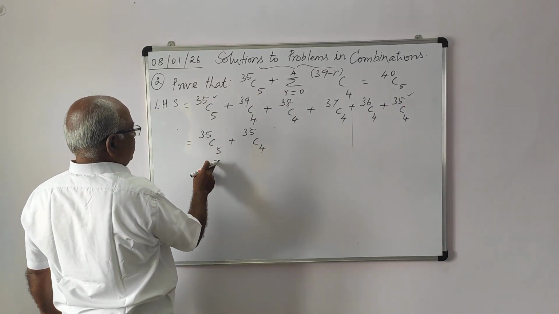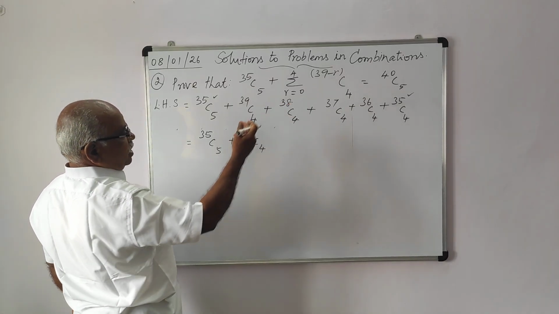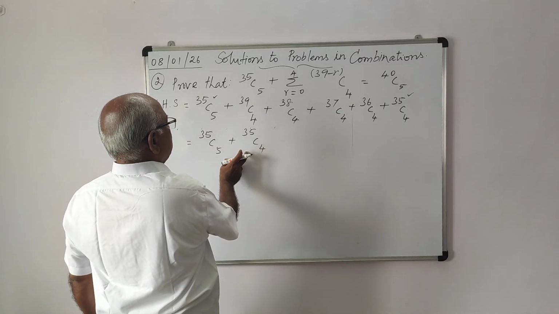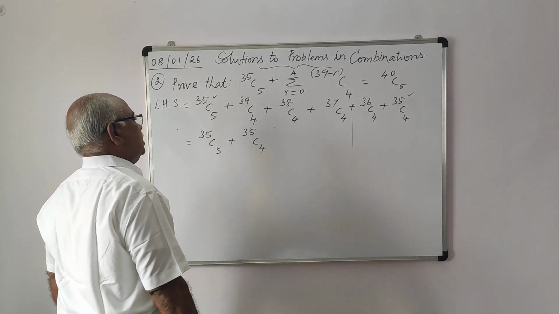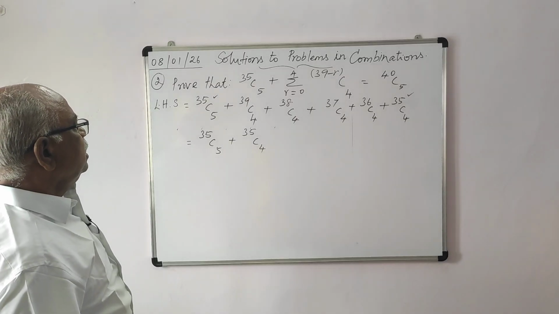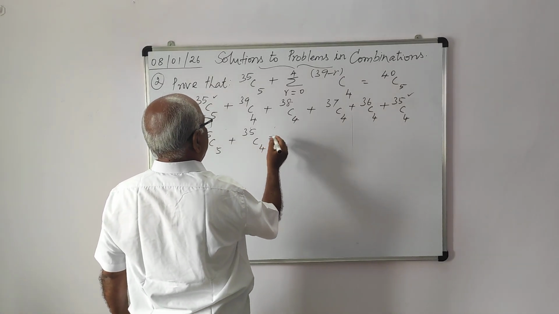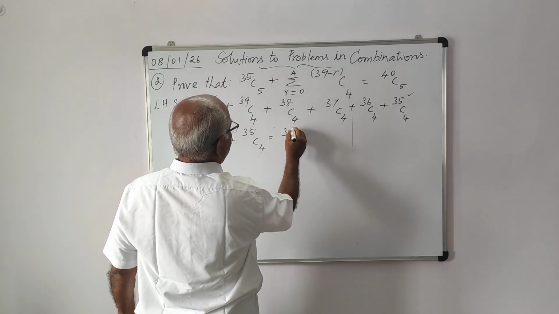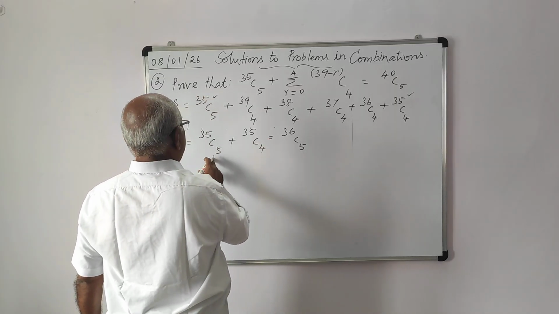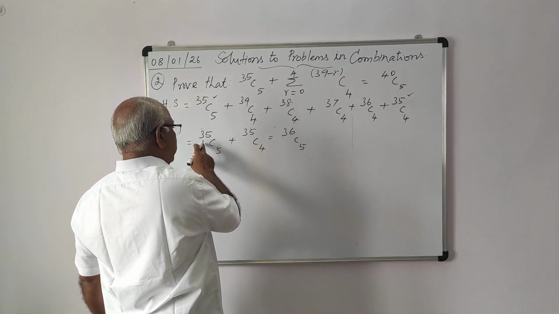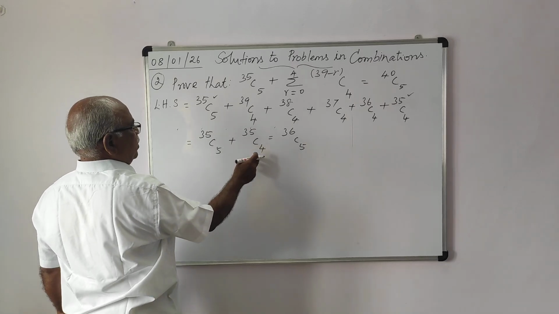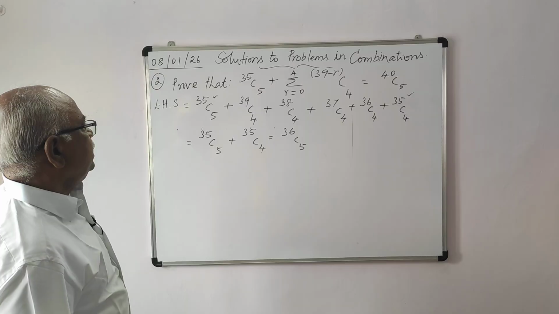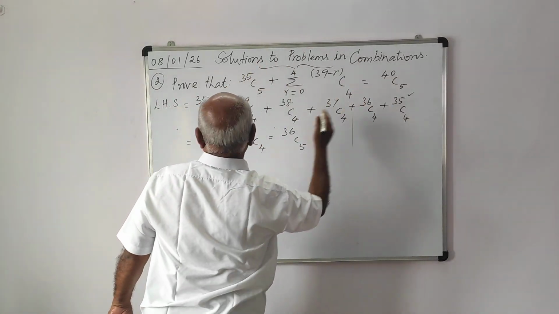This is of the form nCr plus nC(r minus 1) equal to (n plus 1)Cr. Here n is 35 and r is 5, so that is the formula, and the two terms give 36C5.